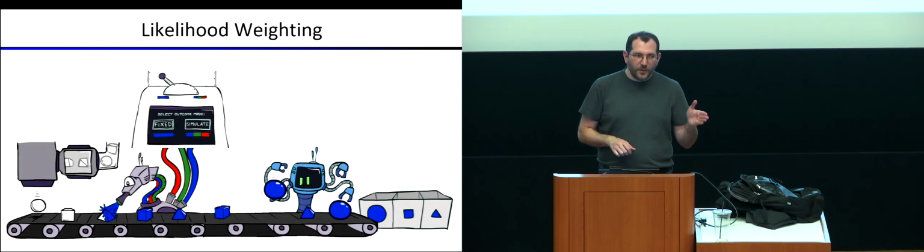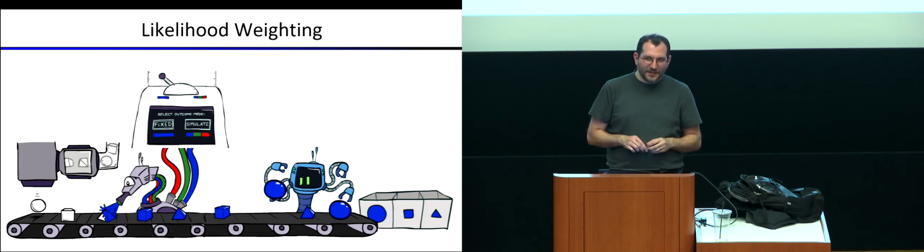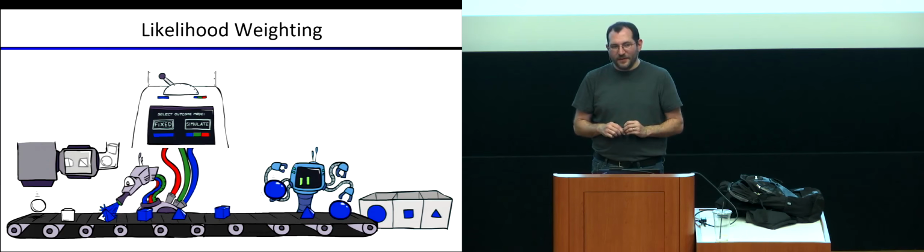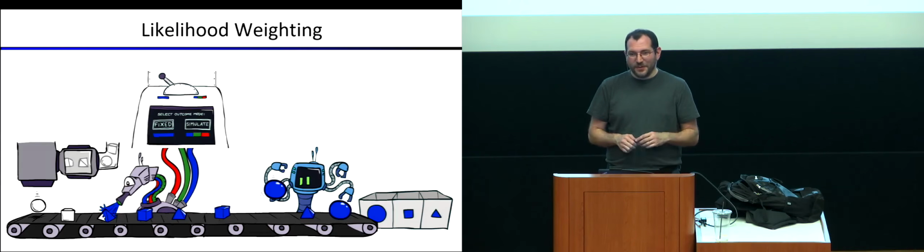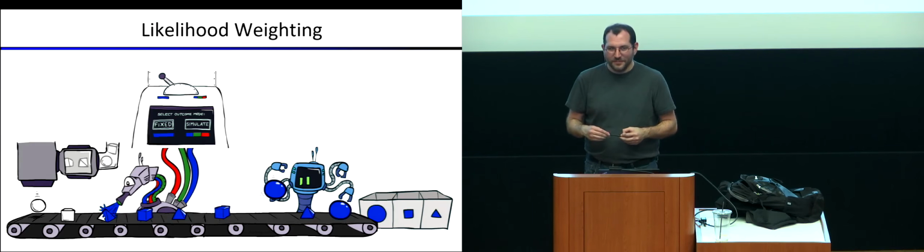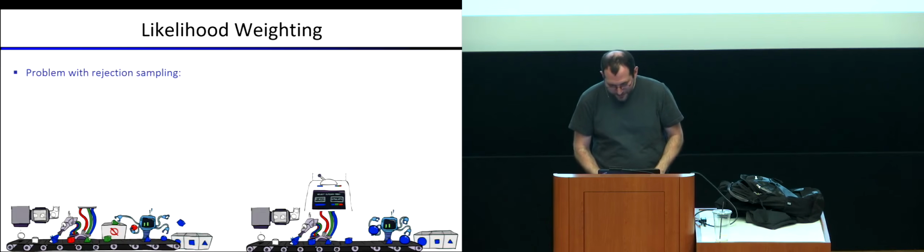That is, when we're drawing samples from the network, we don't risk the sample not matching the evidence at the evidence nodes. We fix it to equal the evidence at the evidence nodes. So there's a big plus. We don't have to throw out any samples. Every shape comes out blue. But there's a problem. What's the problem? Let's go see if we can see the problem.